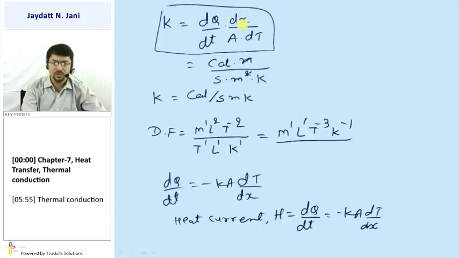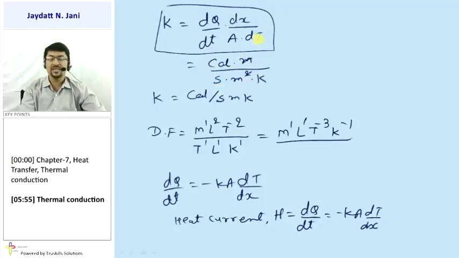As I put units of all the quantities, dQ is in calories, dx is meters, dt is seconds, area is meter square, and dT is Kelvin. So meter will cancel. Finally, the unit of K, the thermal conductivity constant, is calorie per second meter Kelvin.